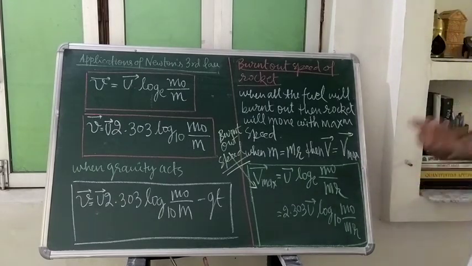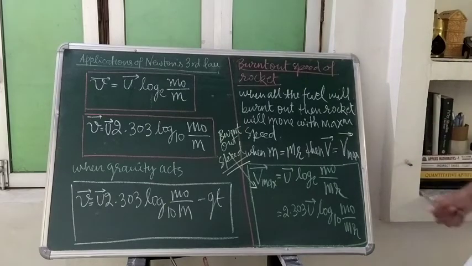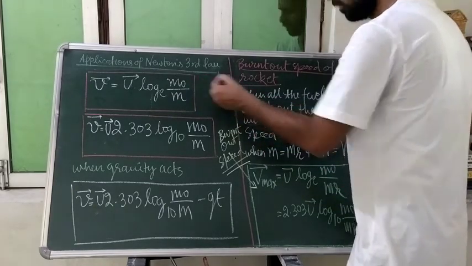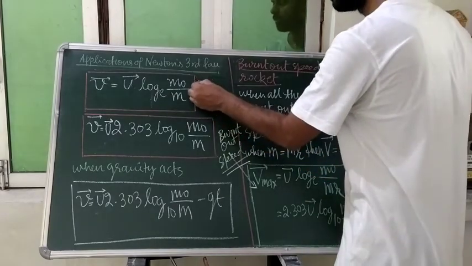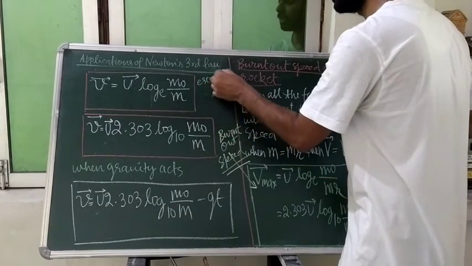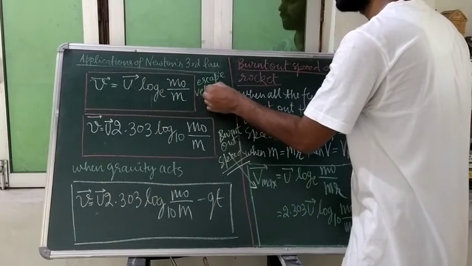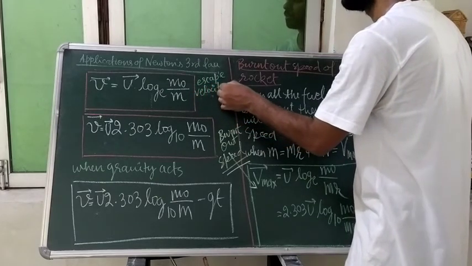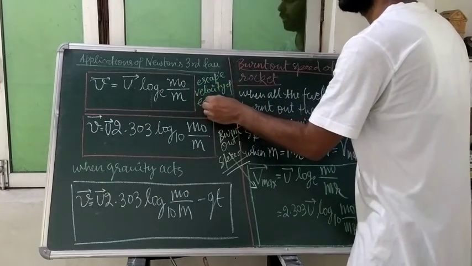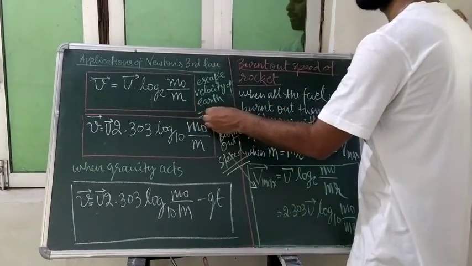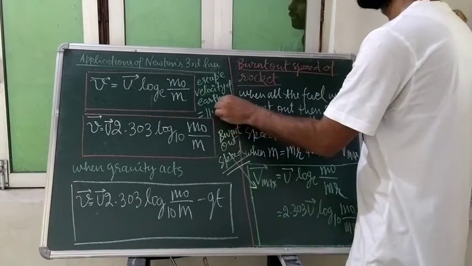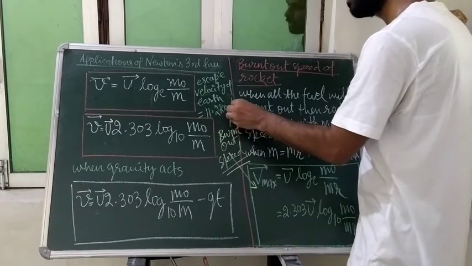Next, one more thing which I can give from my side is escape. You can note down this. Escape velocity of Earth. What is escape velocity of Earth? Anybody aware about that? It will be, student, 11.2 kilometer per second.